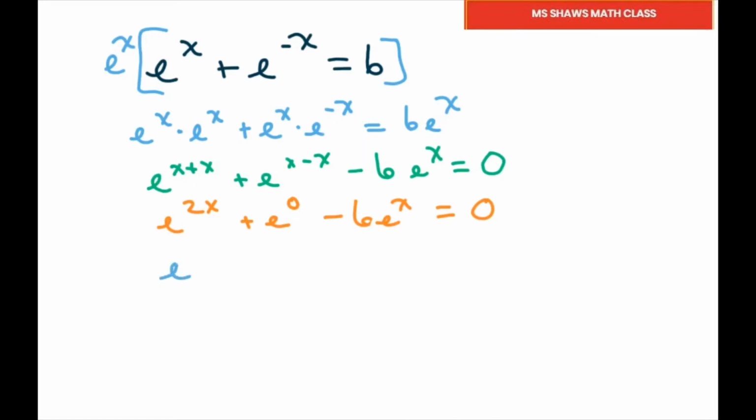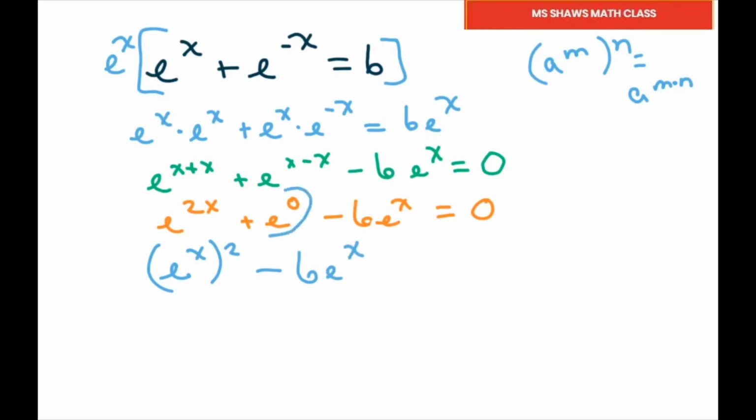I'm going to write this as e to the x squared, because of your properties, a to the m to the n equals a to the m times n, your power property. I'm going to go ahead and copy down my 6e to the x, and then e to the 0, anything to the 0 is 1.